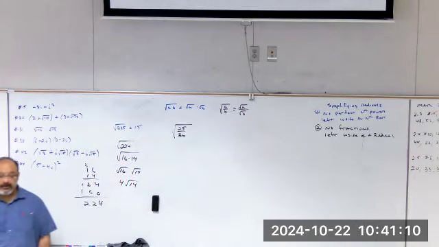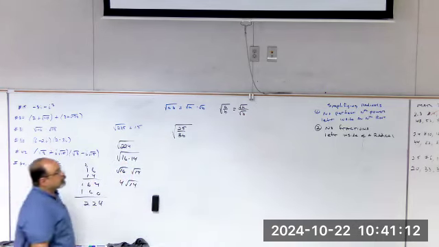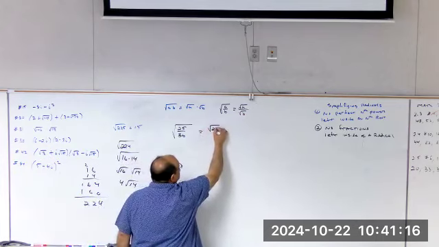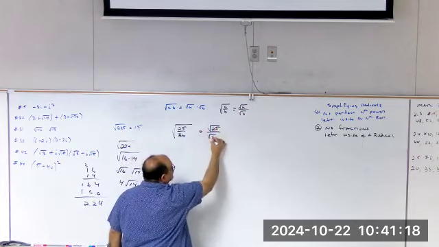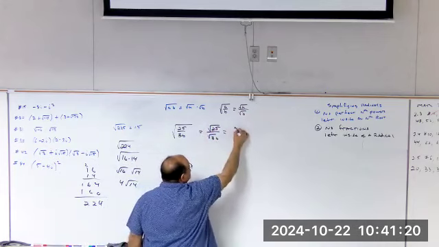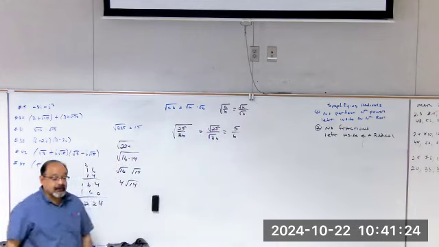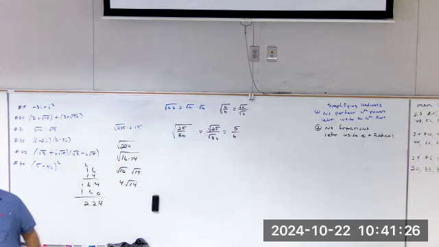Take the square root of each one. So I can rewrite this as the square root of 25 over the square root of 36, and that's a 5 over a 6. But I can't leave the square root of 25 over 36. I've got to simplify.